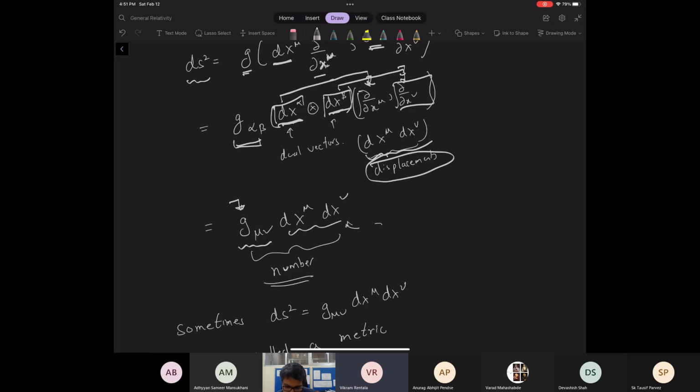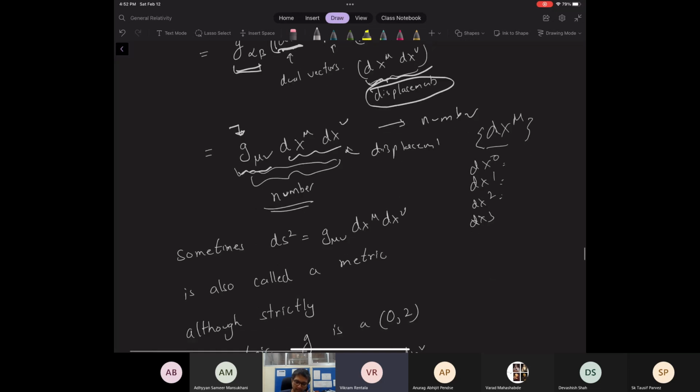So now these are displacements, and this is just a number. This is a number associated with that displacement in coordinates dx mu, where I have a displacement in x0, x1, x2, x3, and each of these is a small number. I now have a notion of a distance that I'm actually traveling.